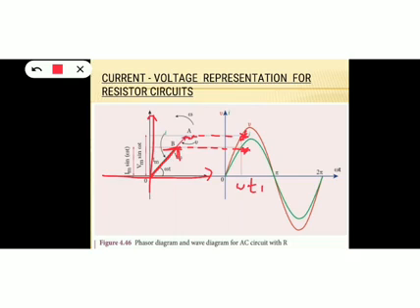So this is a phasor and this is a phasor. On the graph it is very clear: the green line represents the phasor for current, and the red vector represents the phasor for voltage.